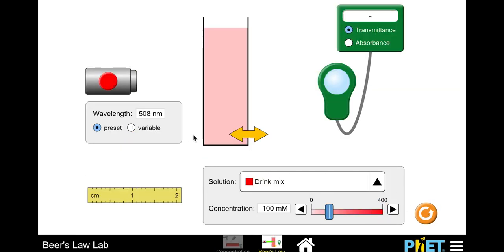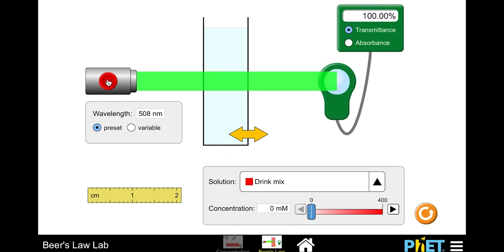For example, let's say we've got our substance, our drink mixture, which is being produced. We start with a concentration of 0 at a specific wavelength. Since the concentration of the drink is 0, the transmittance is 100% and the absorbance is 0.